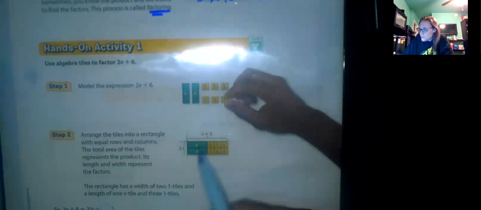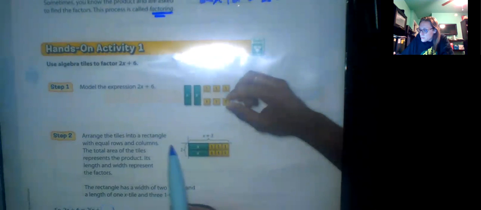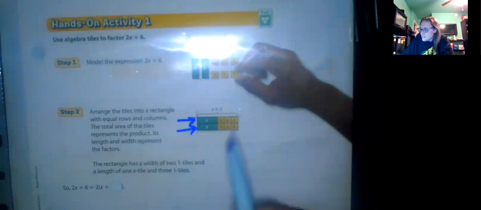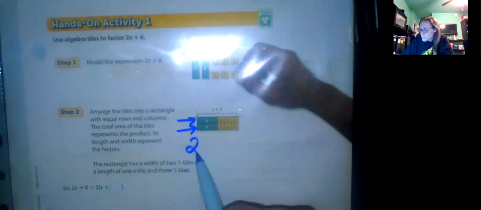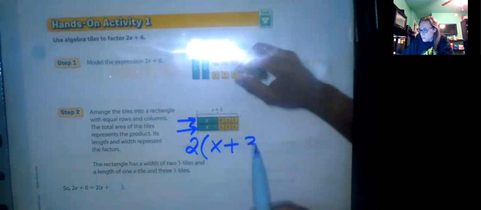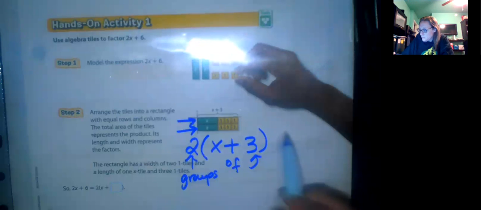So we still have 2 x's and we still have our 6 tiles, but we grouped it in 2 equal groups. So we would say that this is 2 groups of x plus 3.